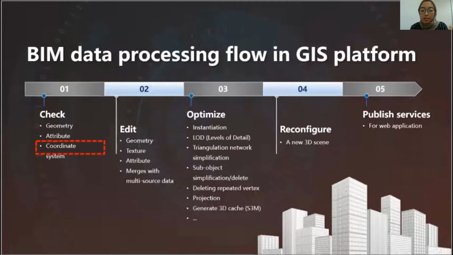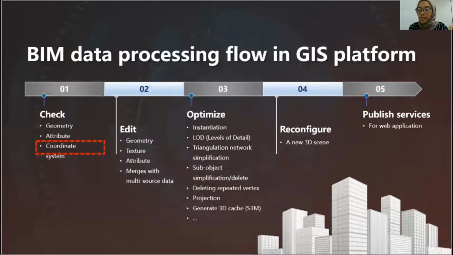Second one is editing. As we import the data, we commonly encounter loss of minor representations such as the geometry, texture, and attributes, so we can edit them to be integrated with other spatial data.